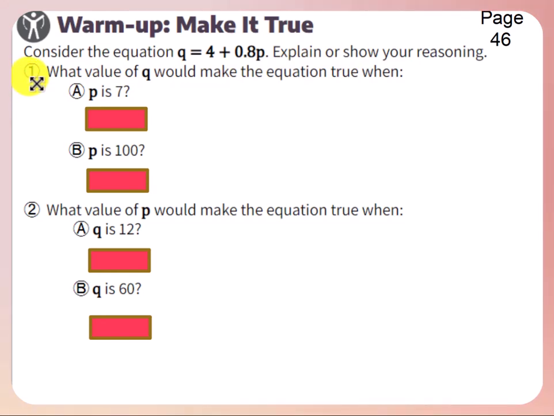Question 1 asks what value of Q would make the equation true when P is 7, and when P is 100. Question 2 asks what value of P would make the equation true when Q is 12 and when Q is 60. So pause the video now, do the work, come back and compare answers. Make sure that you're showing your work in your workbook.